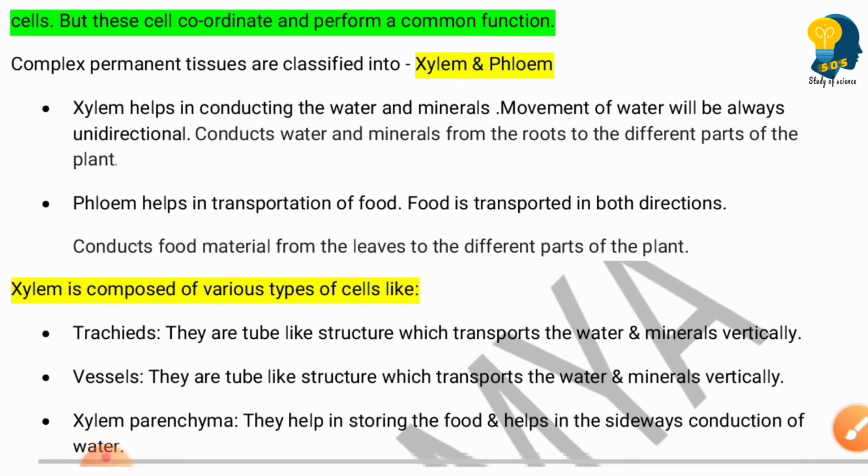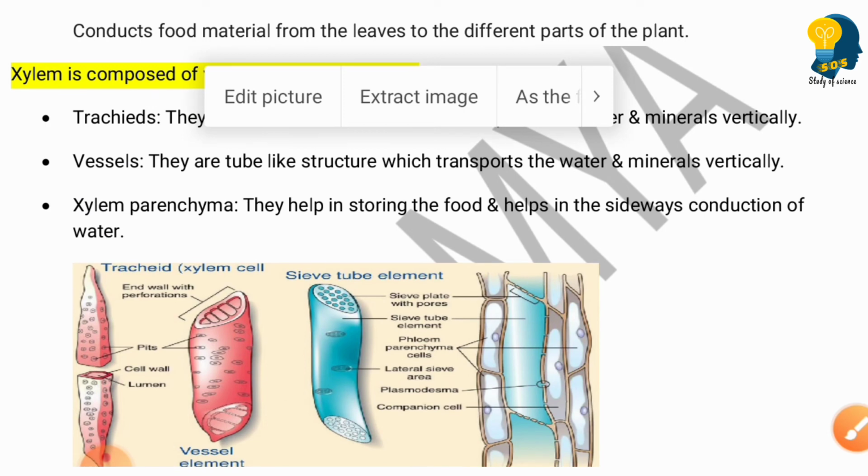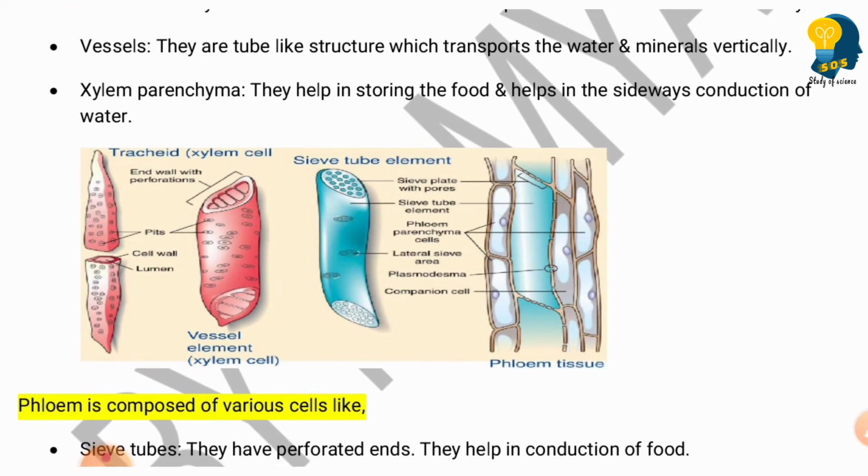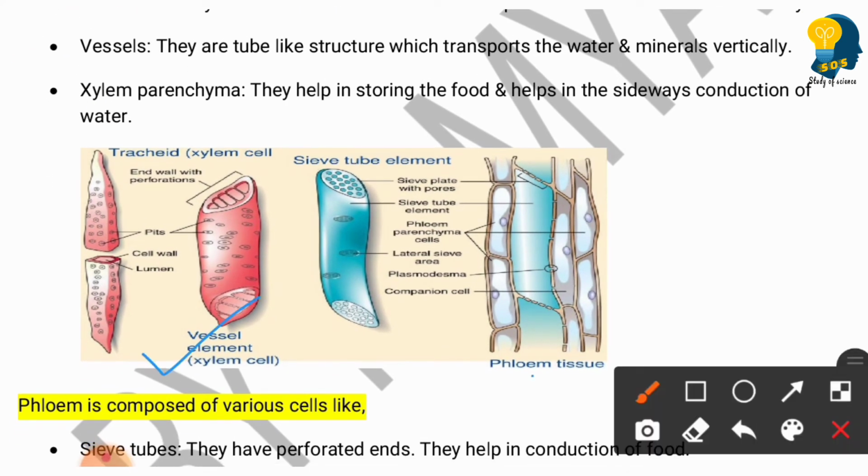Let us observe the structure of the xylem as well as the phloem. This is how the xylem and the phloem tissues look. If you observe the xylem, they have perforated walls. Perforated means they have small holes on their surface. These walls help in conduction of water and minerals from the roots to the different parts of the plant.